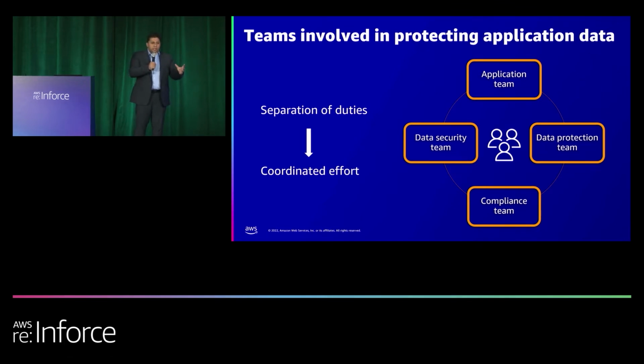And the application team would tell the data protection team that, hey, these are the applications I care most about. And within the application, here are the tiers which make up the application. And if I have to run the application, I need the entire set of resources, or here are the minimum required tiers that I would need to run the application.